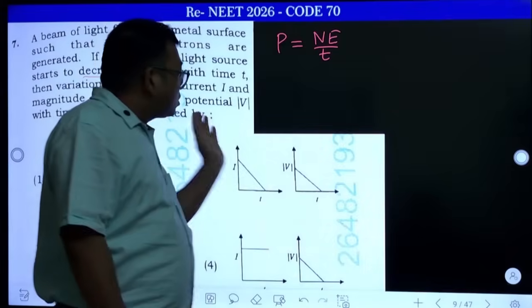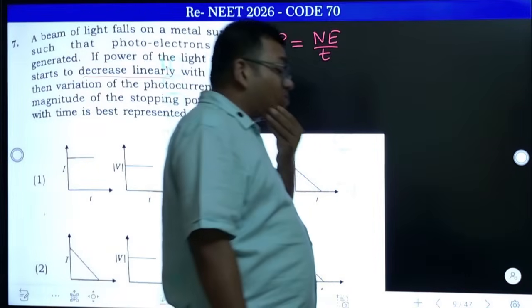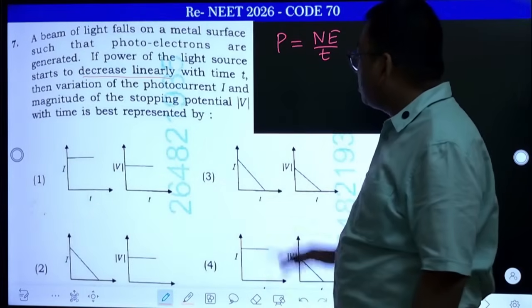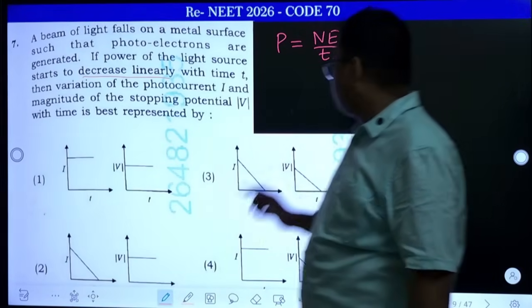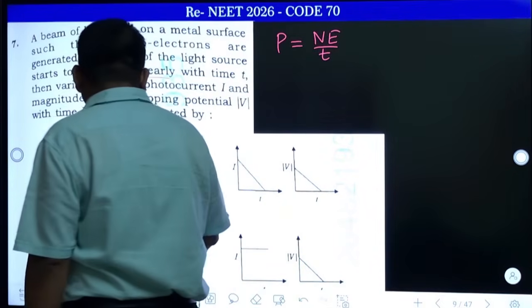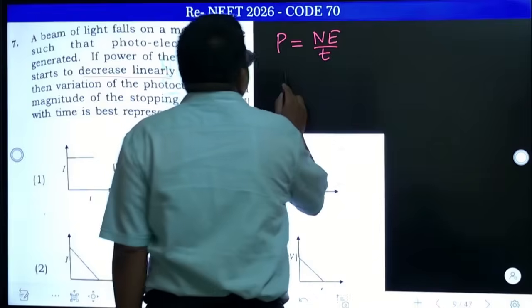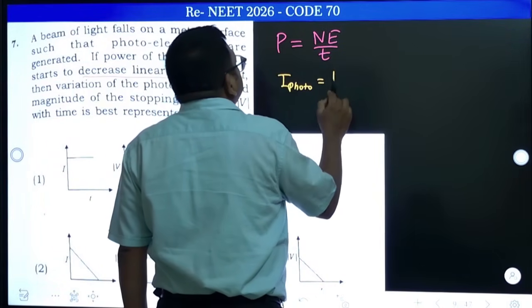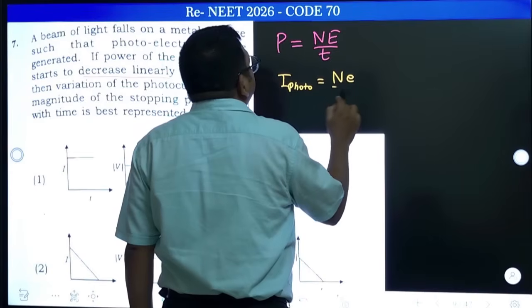Can you take both changes? Both, how can they change? See, it will depend again on what you are taking, because if you take the definition of photocurrent, photocurrent is n, the number of electrons, by time.